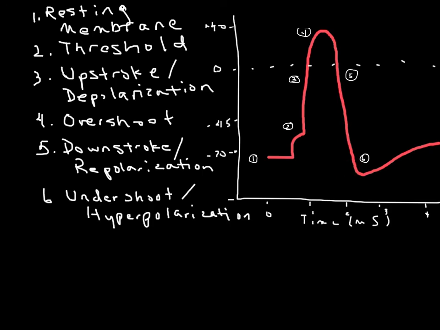At point 6, the potassium channels are a bit slow to close, so you have potassium still leaving the cell, and the membrane actually becomes hyperpolarized. This is what we also call the undershoot phase. So at this point, the membrane can no longer be depolarized, and an action potential cannot be generated. We call this the refractory period.